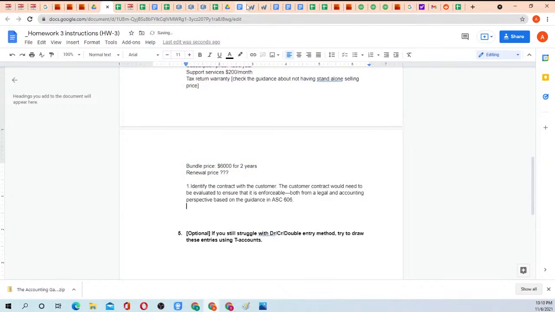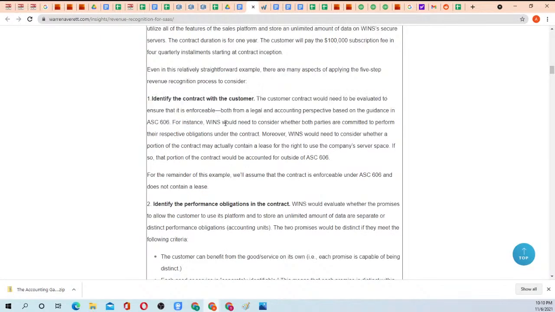That's interesting. For instance, Vince could need to consider whether both parties are committed to perform their respective obligations under the contract. Moreover, Vince would need to consider whether a portion of the contract may actually contain a lease for the right to use the company's server space. If so, that portion of the contract will be accounted for outside of ASC 606.